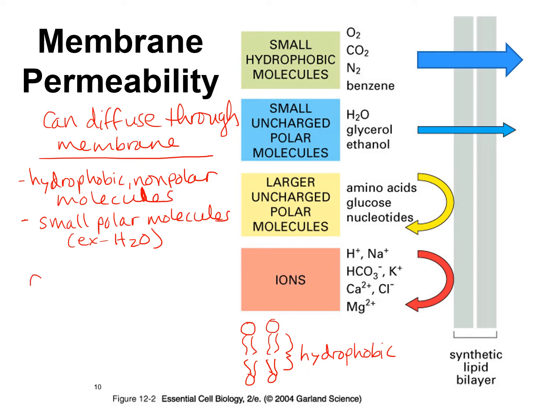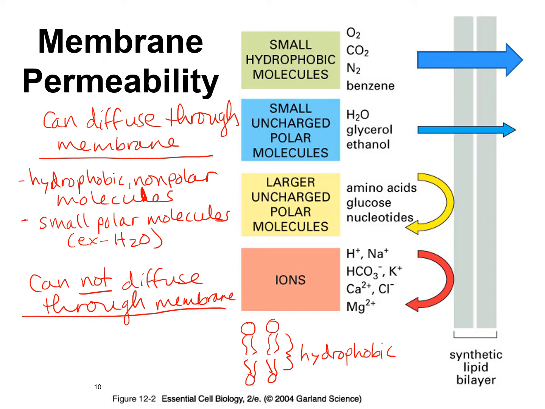And then we have things that cannot diffuse through the membrane. So things that are going to get stuck and stopped by that hydrophobic middle would be your larger polar molecules, which are hydrophilic.